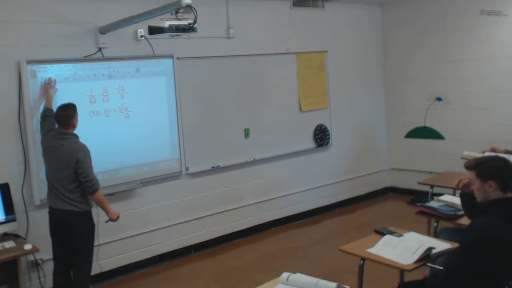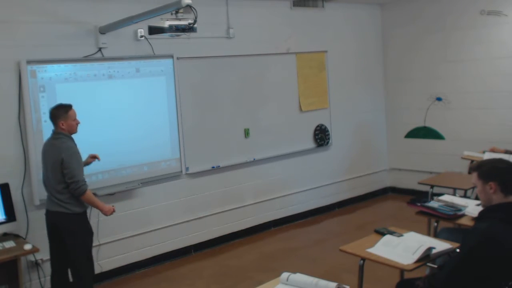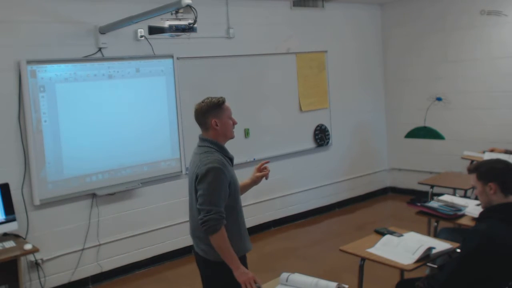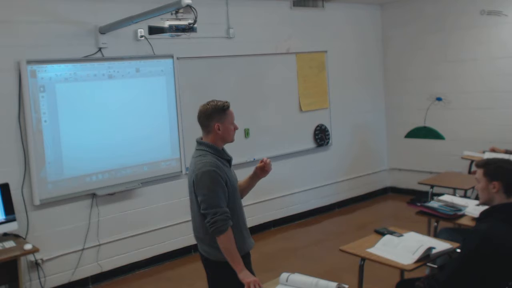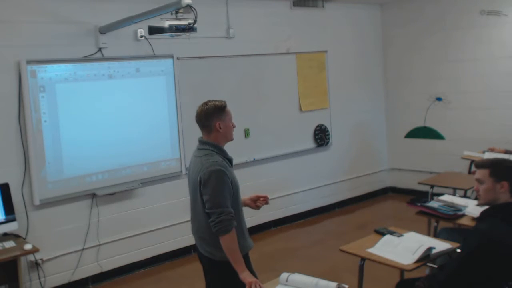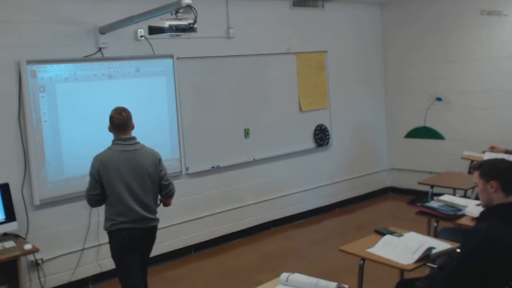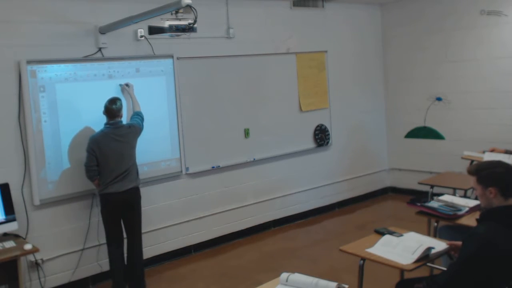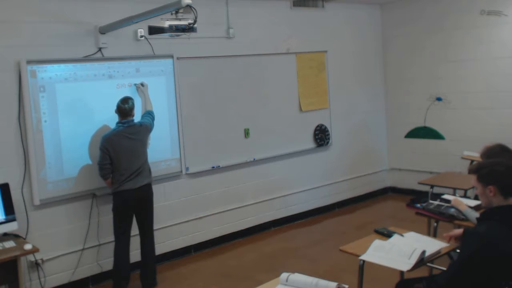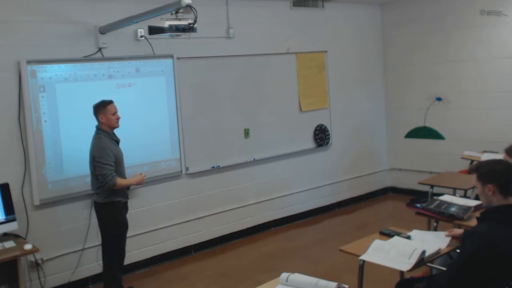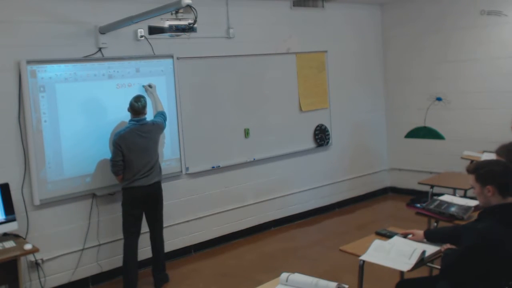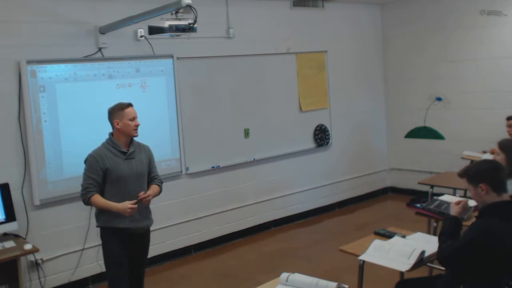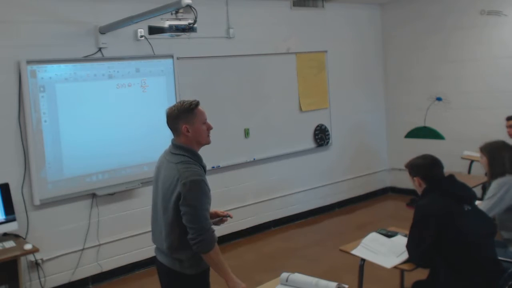So now, let's do one more example. I'm going to do a unit circle example with you, and then I'm going to do an example in which it's not on the unit circle and how we go through the process. So look at your unit circle right now, please. And all I want you to do is, first of all, tell me the quadrant, okay? Looking at your unit circle, where is sine theta equal to negative root 3 over 2?